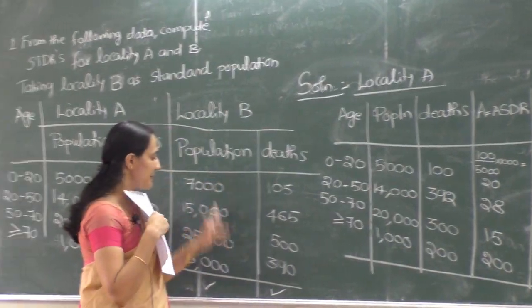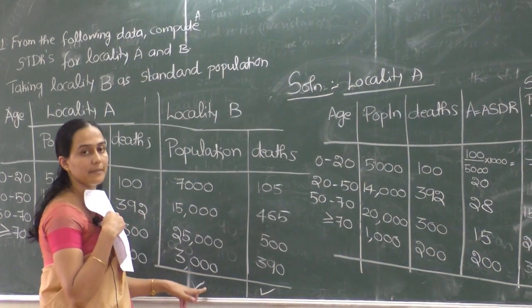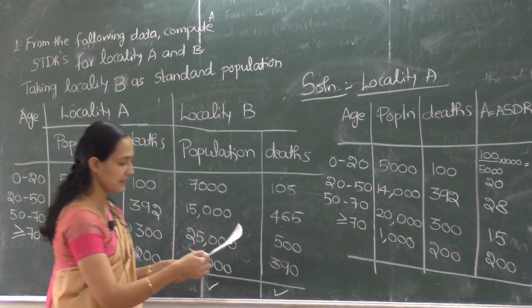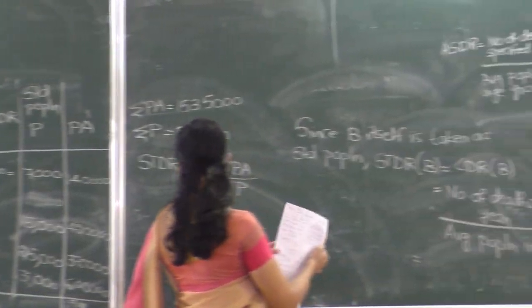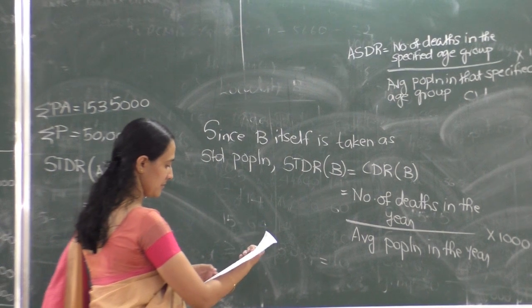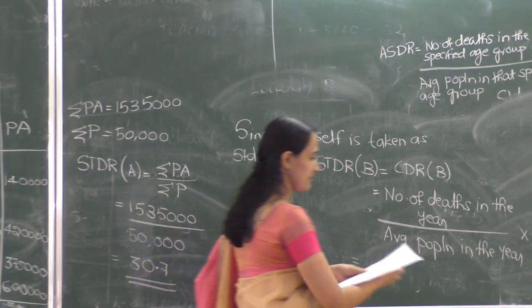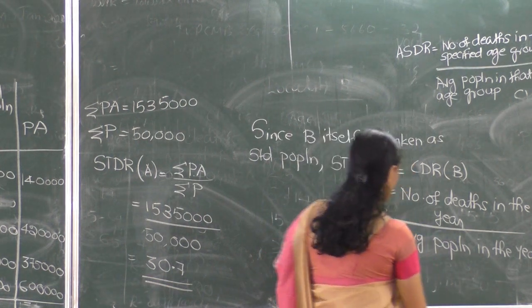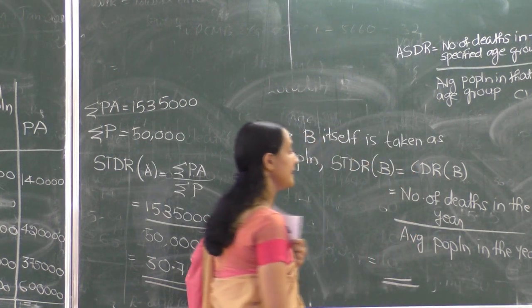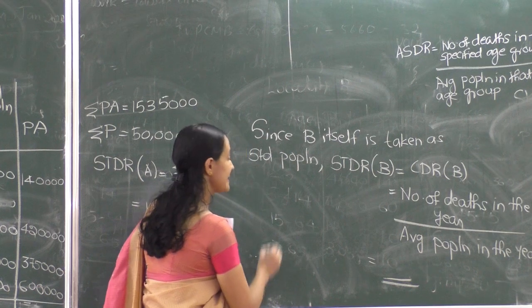This total we have to find. Similarly, this total divided by this total into 1000. So this one you have to compute. You will get one answer here, and which one is less?